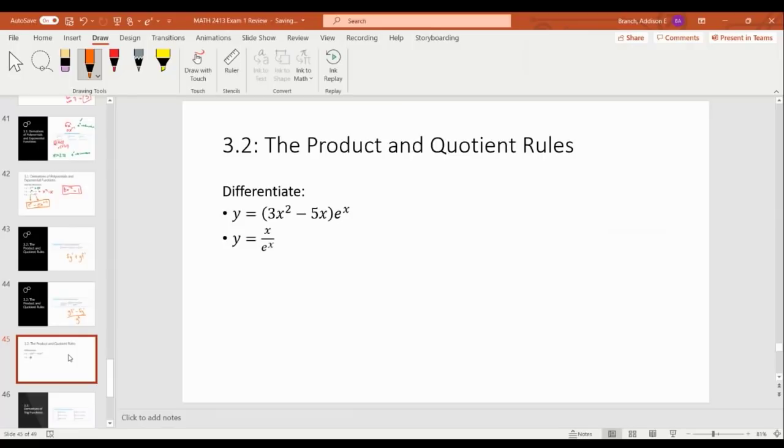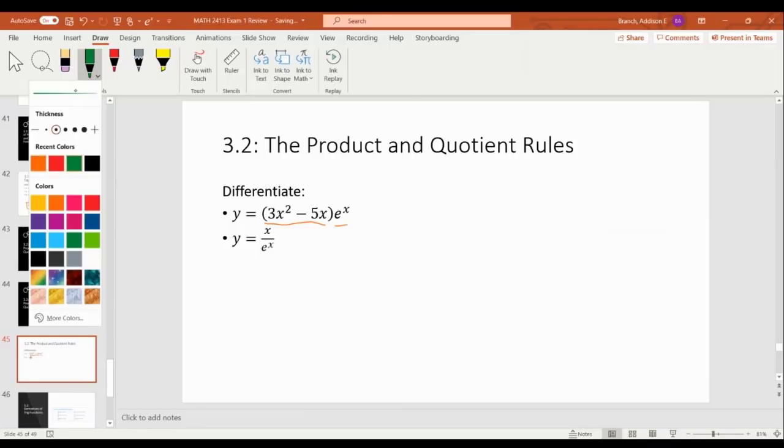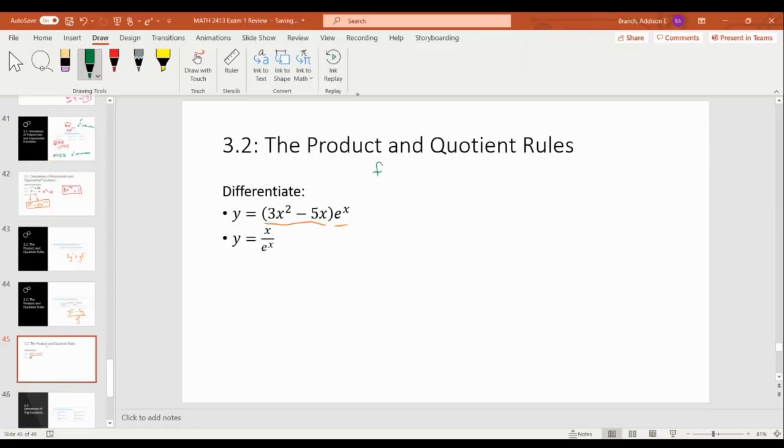So some quick examples for those. This first one, we have this function, 3x squared minus 5x, and then we have this e to the x. So we have 2 functions multiplied times each other. For this one, we can say that our f function is 3x squared minus 5x, and our g function is e to the x.